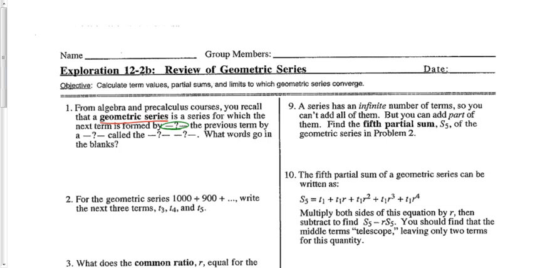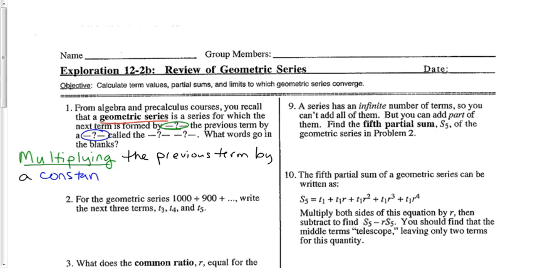It's a series for which the next term is formed by multiplying the previous term by a constant, multiplied by a constant, and this constant has a name, and it is called the common ratio. So that's the definition of a geometric series.